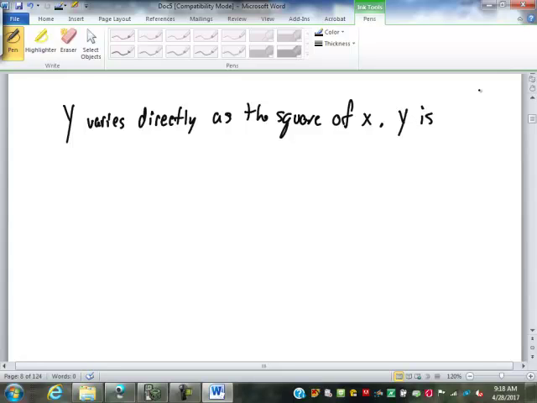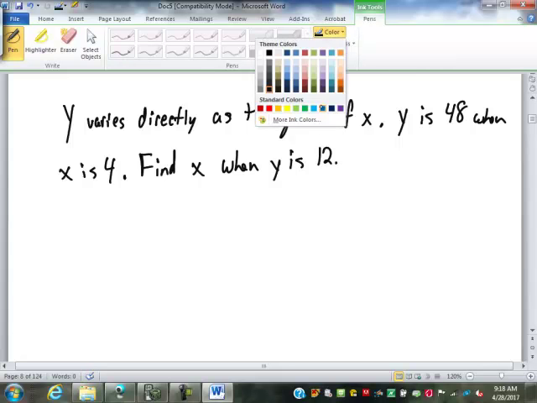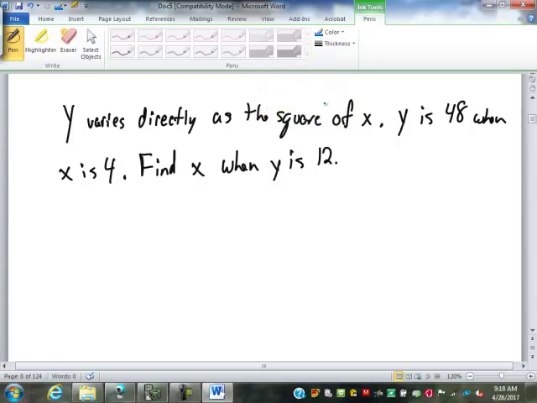Y is 48 when x is 4. Find x when y is 12. I'm going to have you try that one in your notes. I'll give you a minute or so to work on it, then we'll go over it.